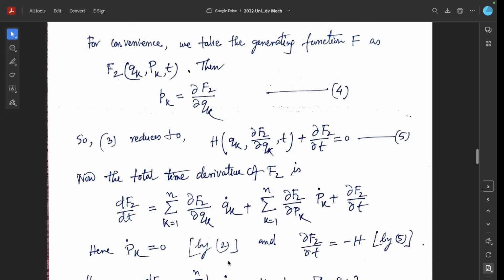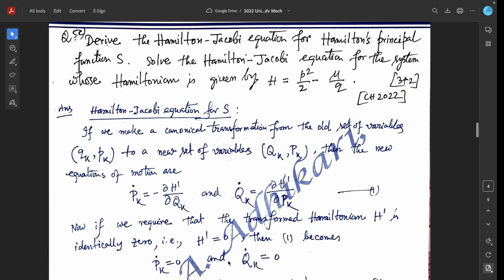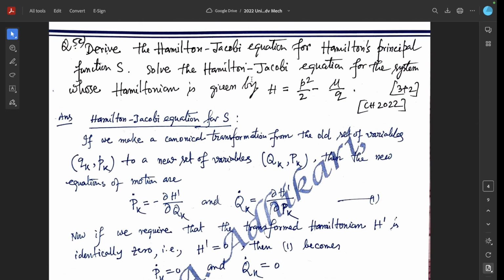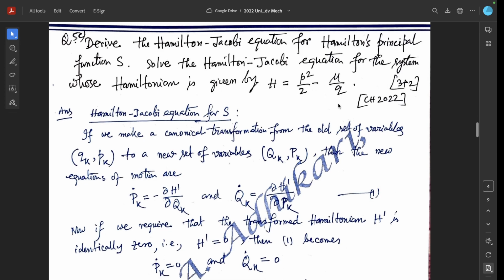Next, second part of the question. This question's second part is: solve the Hamilton-Jacobi equation for the system whose Hamiltonian is given by H equal to p square by 2 minus mu by q.